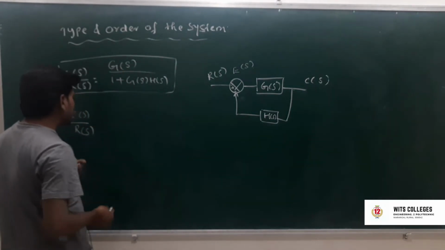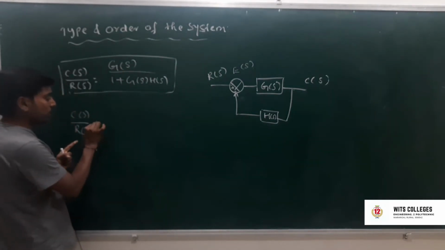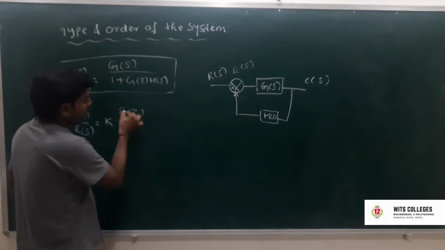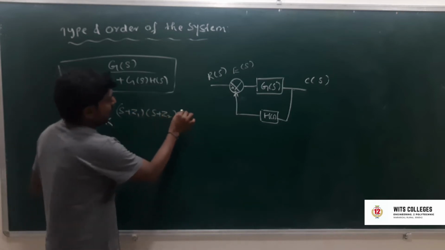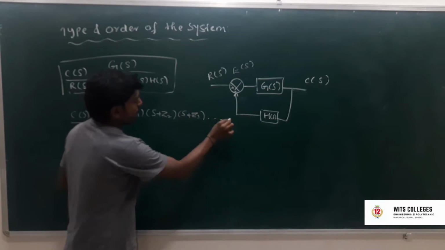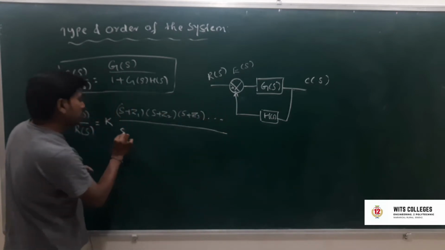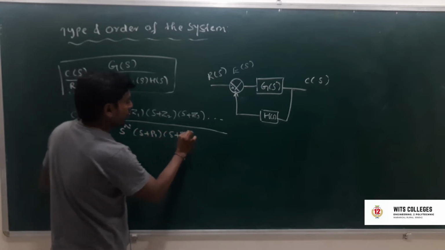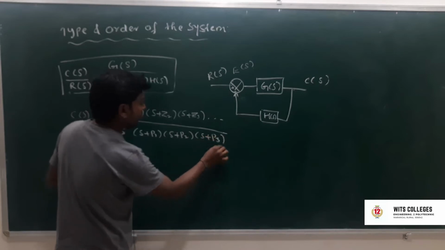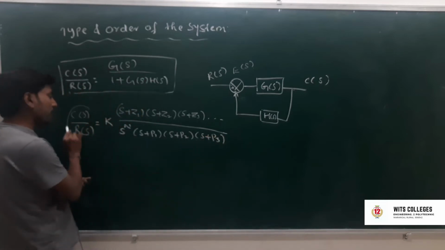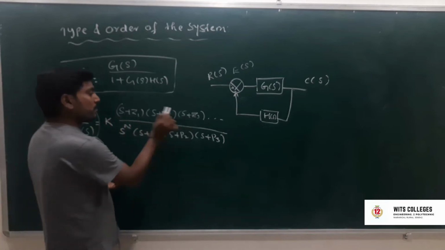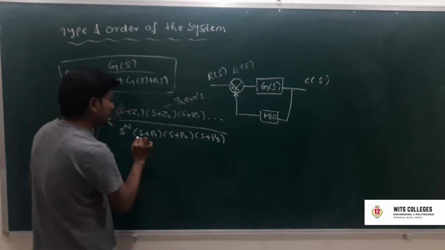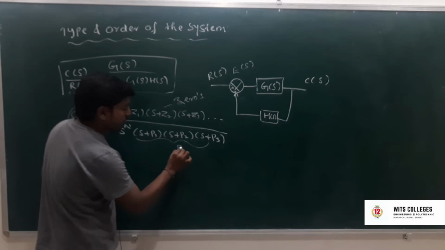In terms of poles and zeros, C of s by R of s is equal to K, a constant, times (s plus z1)(s plus z2)(s plus z3), divided by s power n times (s plus p1)(s plus p2)(s plus p3). Here s plus z1, s plus z2, s plus z3 are the zeros, and in the denominator these are the poles.